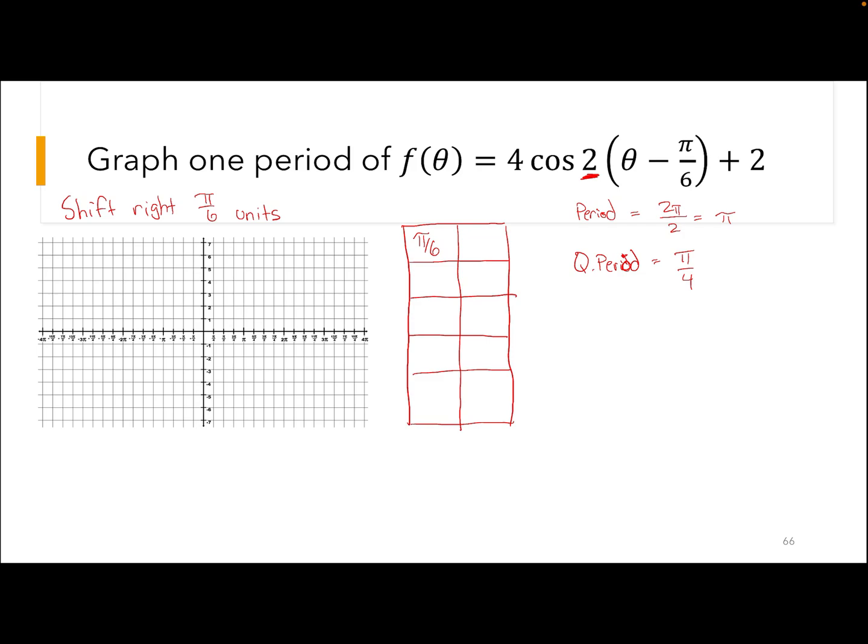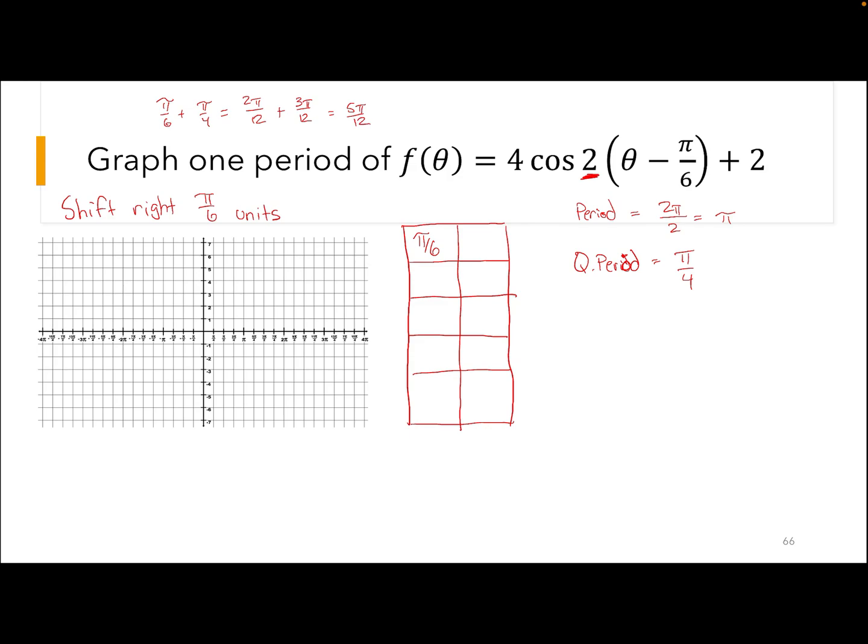So pi divided by 4. So that means we need to add pi over 4 every time. So from pi over 6, we're going to add pi over 4. So now pi over 6 plus pi over 4. So now this is going to require some fraction stuff, right? So we get 2 pi over 12 plus 3 pi over 12. That's going to equal 5 pi over 12.